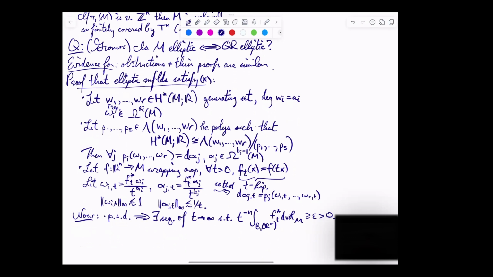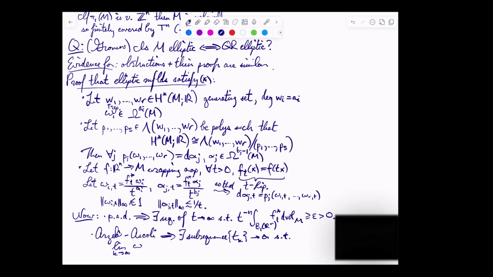And now we can apply Arzelà-Ascoli, and we get a subsequence, let's say t_k, going to infinity, such that there's a limit of all these forms.